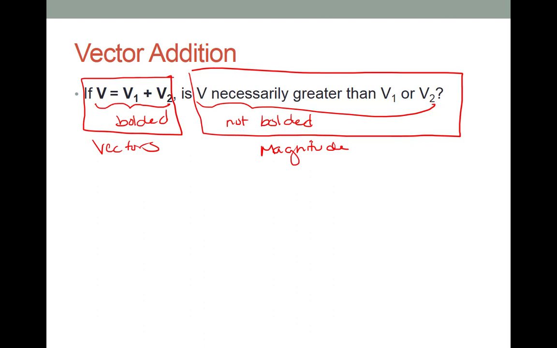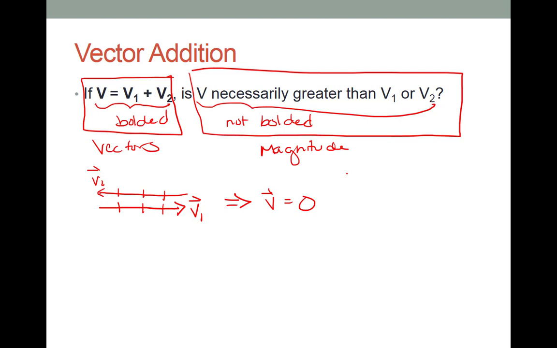Okay. Well, think of hopefully obvious examples. If v1 is this way, it's got a length, let's see if we can do a length here of 4, and v2 goes the other way, also of length 4, and I add those two together, what am I going to get? This results in v equaling 0. Is that greater than v1 or v2?